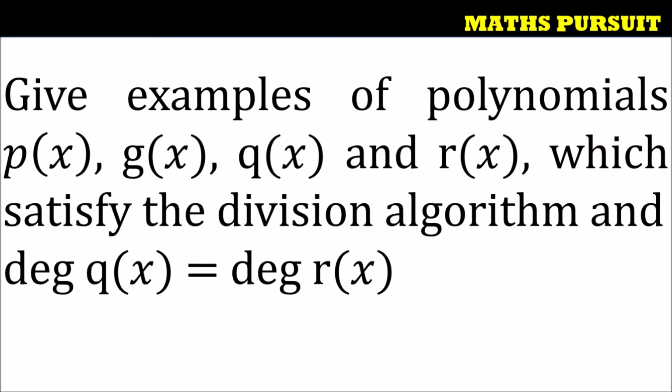So let us see how we are going to solve this type of question, or how we are going to answer this type of question. The question has asked us to give examples of polynomials p(x), g(x), q(x) and r(x) which satisfy the division algorithm.